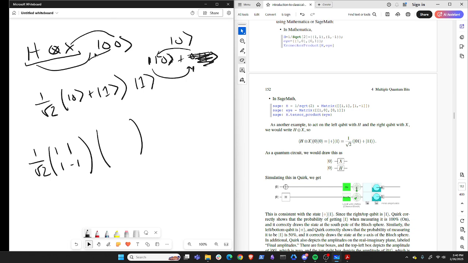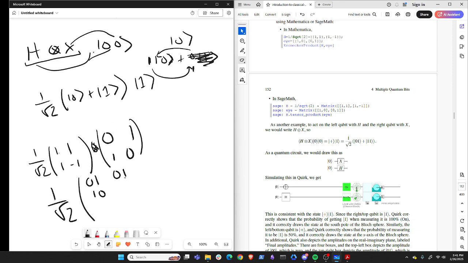Where is it? That's the right question. Where's that chart? Okay, there it is. 0, 1, 1, 0. So we could take the tensor product. We could take the Kronecker product here, 1 over square root of 2, 1 times the X matrix, 0, 1, 1, 0.